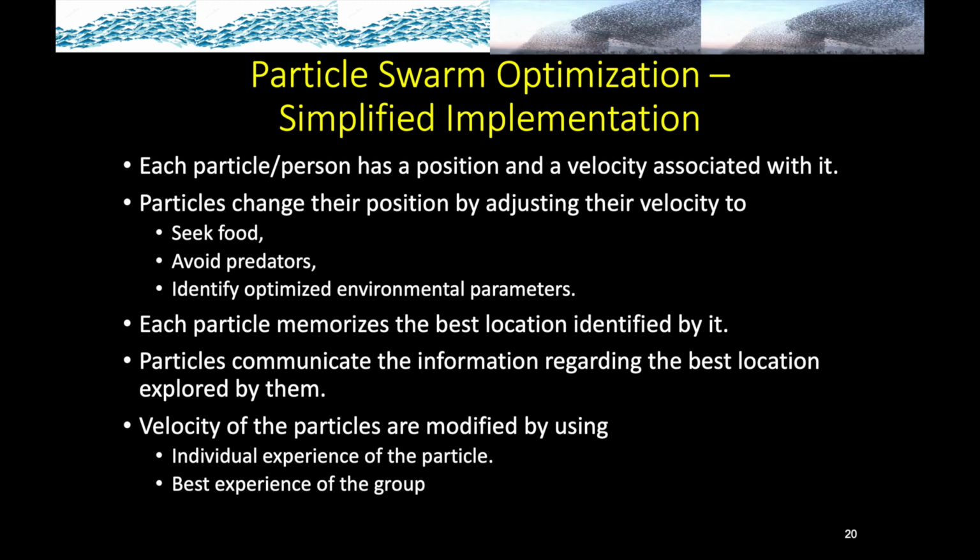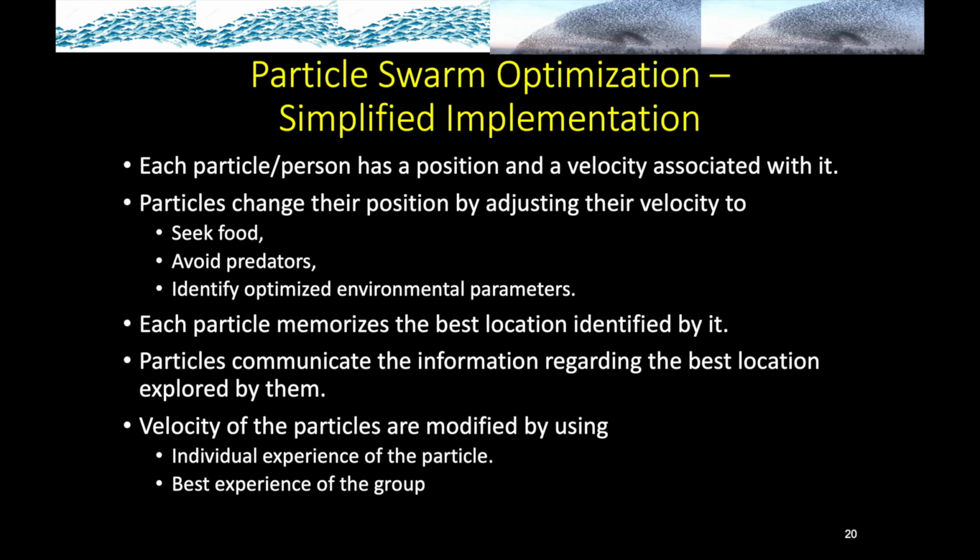The particles can change their position by adjusting their velocity. Of course, the velocity will keep on changing, and if the velocity changes, then automatically the next position will also change. The reason for changing the velocity might be different for different systems. For example, flocks of birds adjust their velocity and direction to seek food.